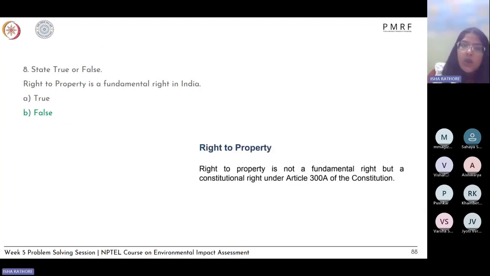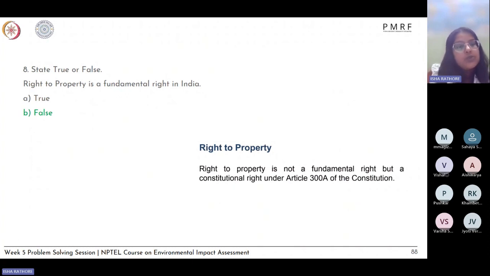Right to property is not a fundamental right in India. Fundamental rights are like your right to speech, right to freedom. Whereas right to property is not a fundamental right, but it is a constitutional right given to you under Article 300A of the Constitution.